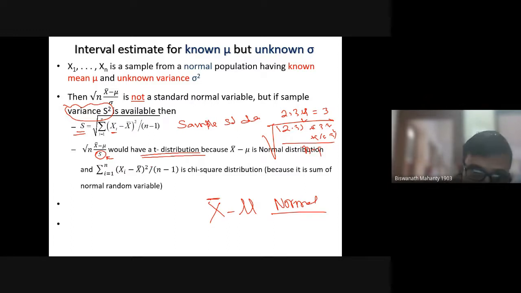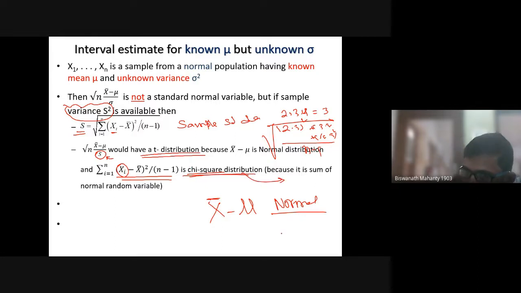And x minus x bar squared by n minus 1, that part, any number minus your normal distribution values, x minus x bar squared by n minus 1, that is called chi-square distribution. I have not talked about chi-square distribution.